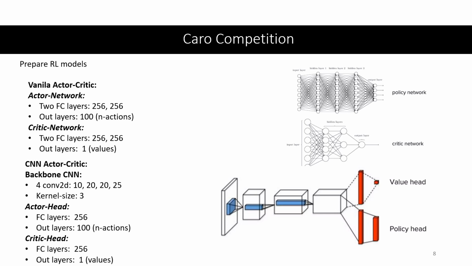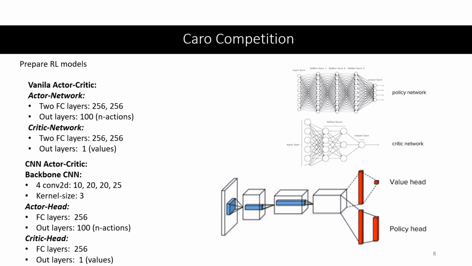The output layer is 100, which represents the number of actions. The critic network is the same as the actor network, with two fully connected layers of 256 and 256, and the output layer is 1, which is the value.